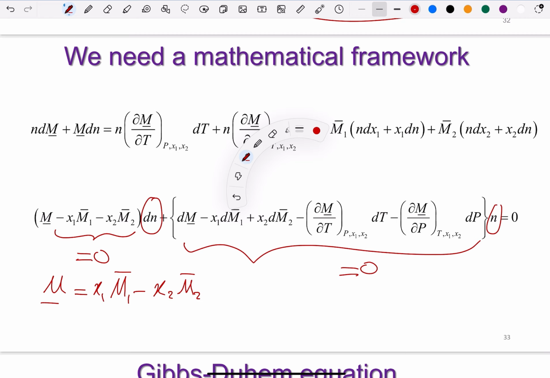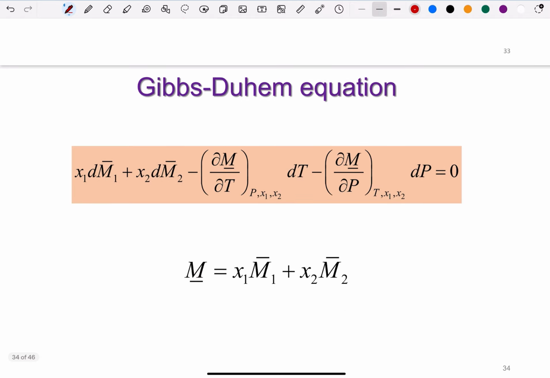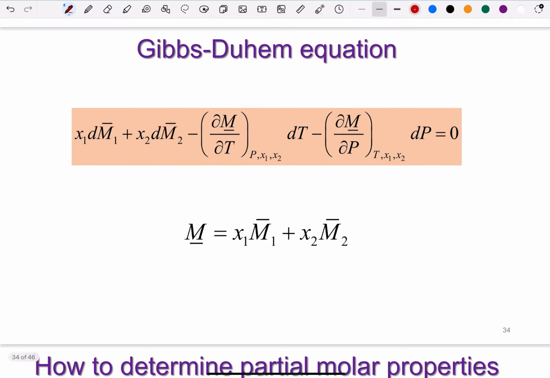I'm not interested in deriving this. You should be able to follow it. You have the details of it in your book, but the outcome is very important. You should remember the first one and the second one. The second one is called the Gibbs-Duhem relationship. It's a very fundamental relationship in phase equilibrium.